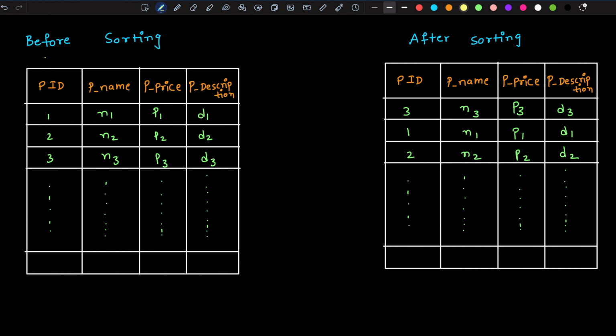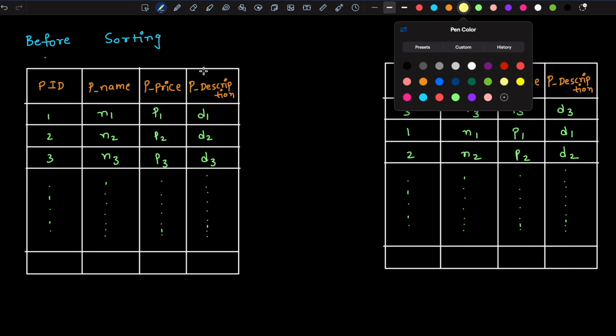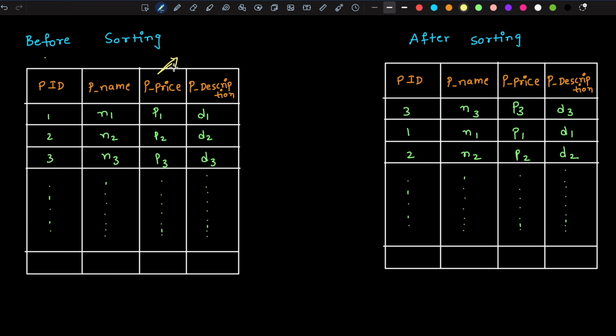Now, what is my task? I want to perform the sorting on which column? The name of the column is price. So once we perform sorting based on the price column in an ascending order, the entire table will get changed here. Let's assume that after sorting, product 3 turns out to be the cheapest product.